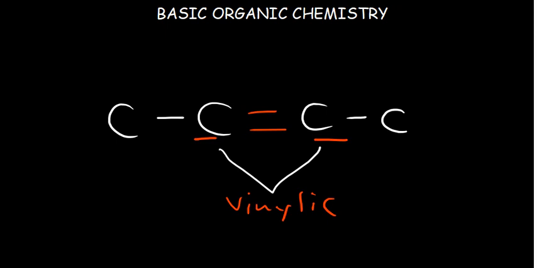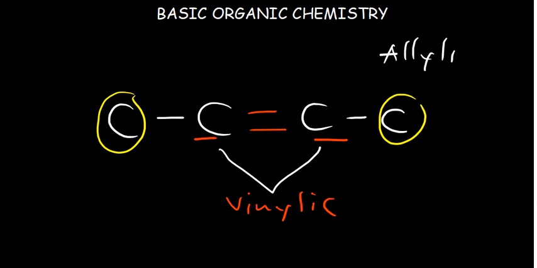Now we can also talk about the carbons that are attached to the vinylic carbons. These other carbons that are adjacent to the double bond are referred to as allylic.